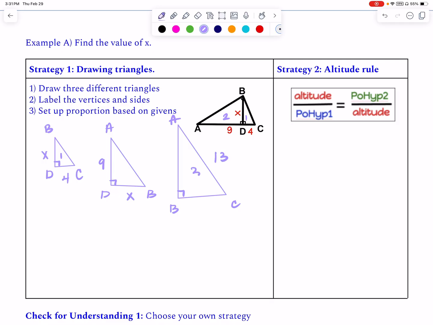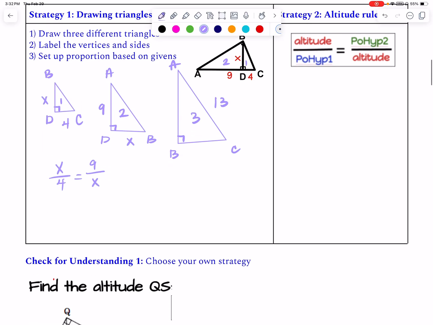So in triangle 3, we only have one number, but in triangle 1 and 2, there are two numbers in each triangle to set up a proportion. So let's go ahead and do that. You could say x is to 4 as 9 is to x. Your proportion can look different, but you'll still get the same answer.